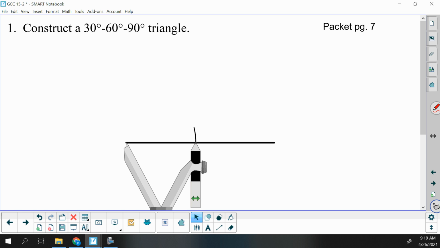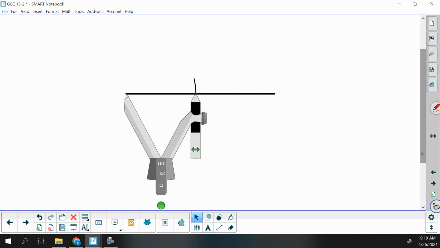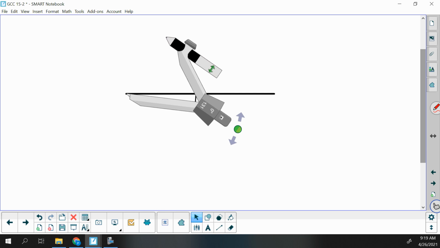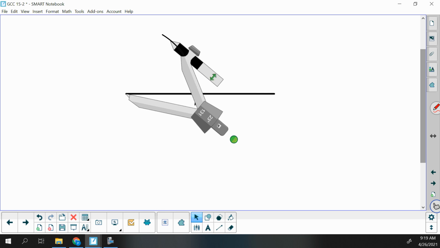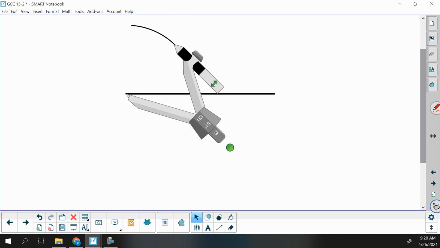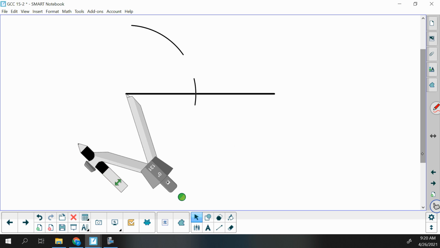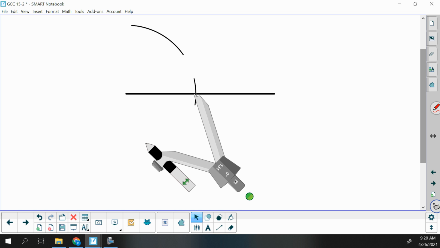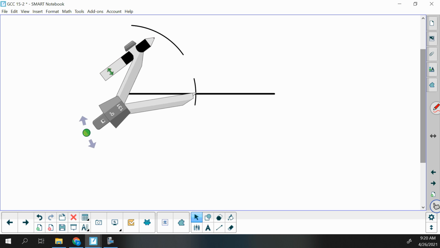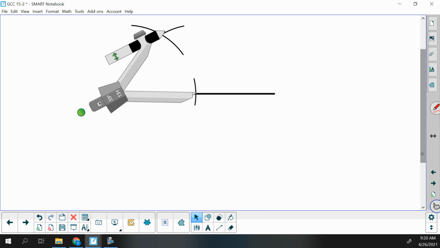So we're going to make that be the side of our equilateral triangle. So now go up, mark that same distance up here. Move your point over to where we marked off, keeping your compass the exact same length. We're going to mark that off up there.